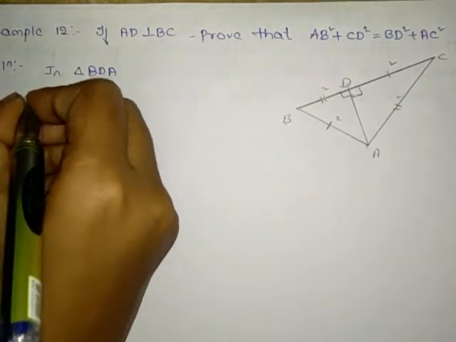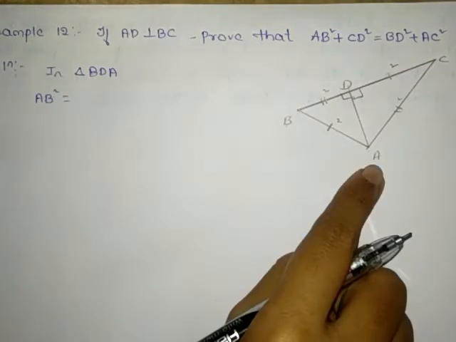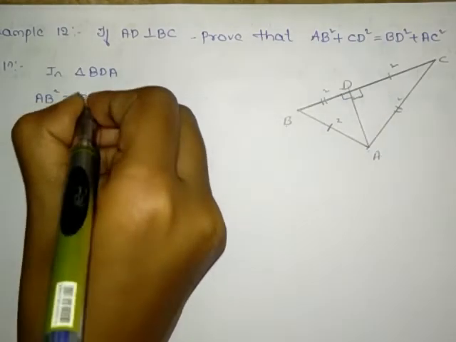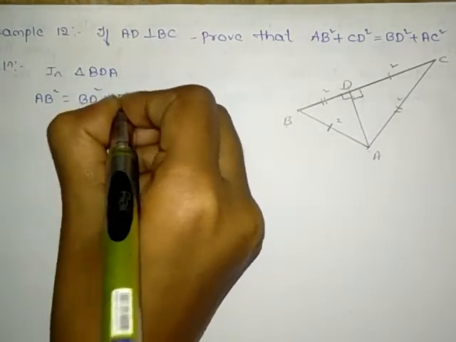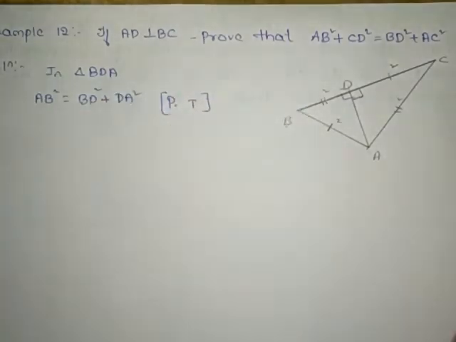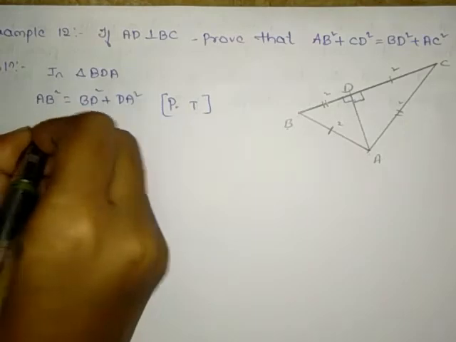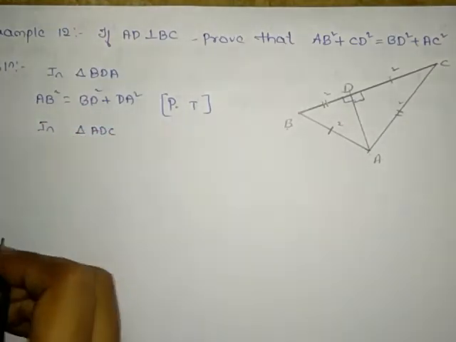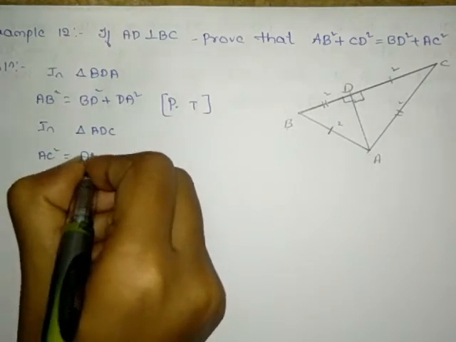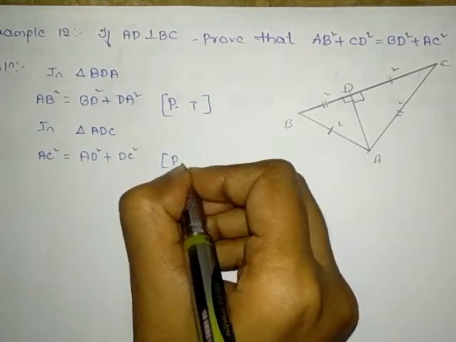So now we'll say that AB square, the hypotenuse square, is equal to BD square plus DA square, by the Pythagoras theorem. Next we'll take triangle ADC. Again in triangle ADC, AC square is equal to what here? AD square plus DC square, isn't it? Again by what? Pythagoras theorem only.